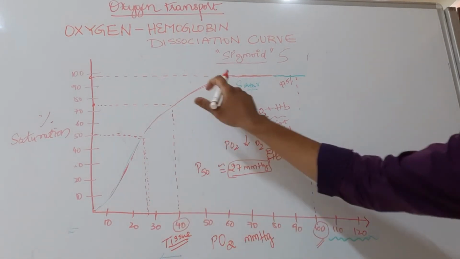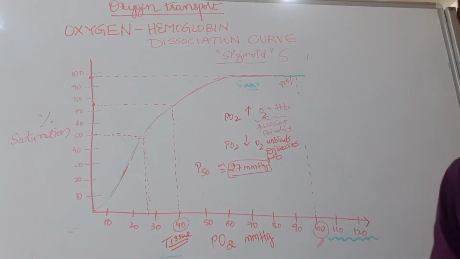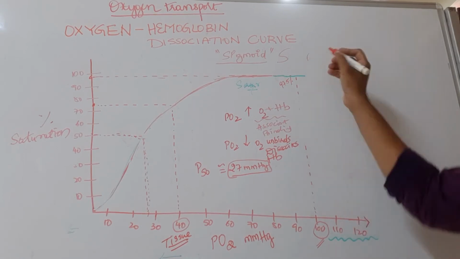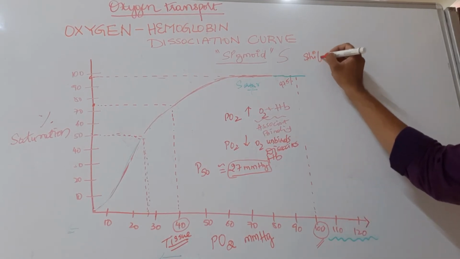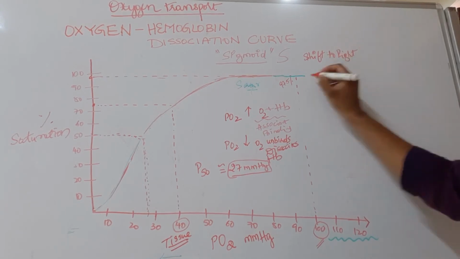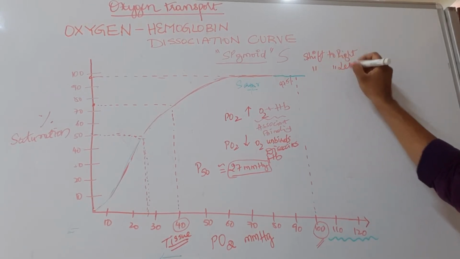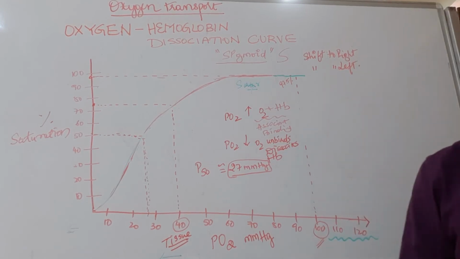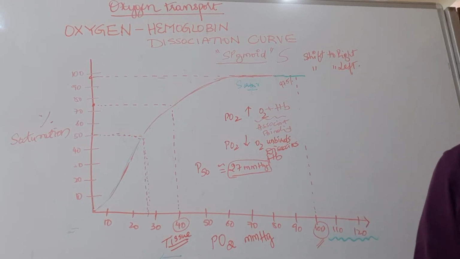The standard dissociation curve, which is sigmoid, can shift to the right or shift to the left. We will see in a moment what exactly we mean by shift to right and shift to left.